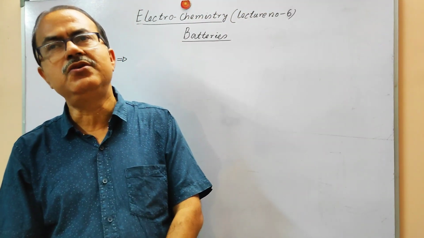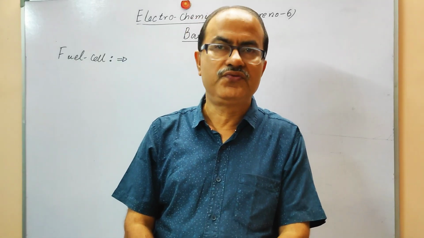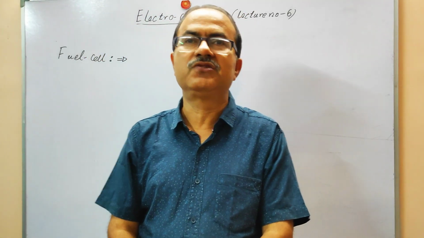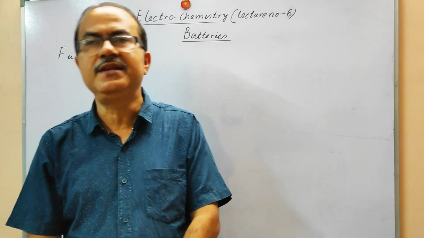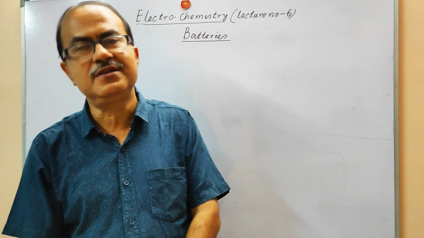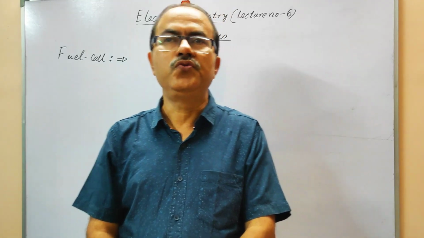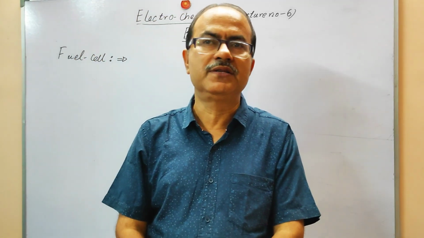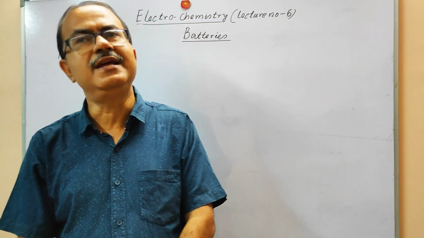But here, these gases, that is hydrogen gas, oxygen gas or methane gas or methanol, are utilized to convert their chemical energy, that is heat of combustion, into the electrical energy.